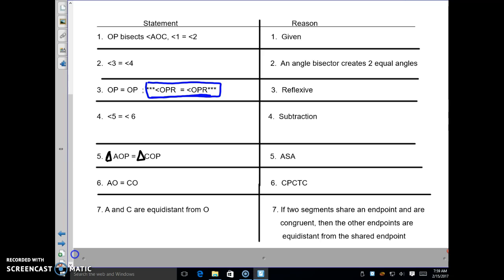A and C are equidistant from O, and the reason is if two segments share an endpoint and are congruent, so they share the endpoint of O, those segments are congruent, then the other endpoints are equidistant from the shared endpoint. That's the trick. Honestly, I'd be so happy with 1 through 6, and then you can just add in the definition of equidistant.